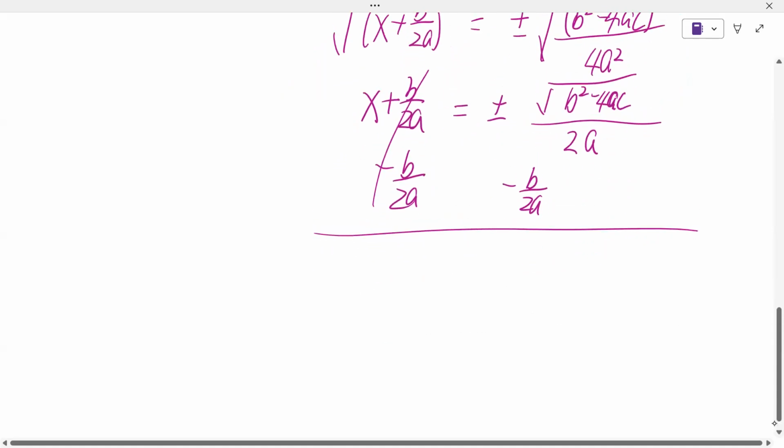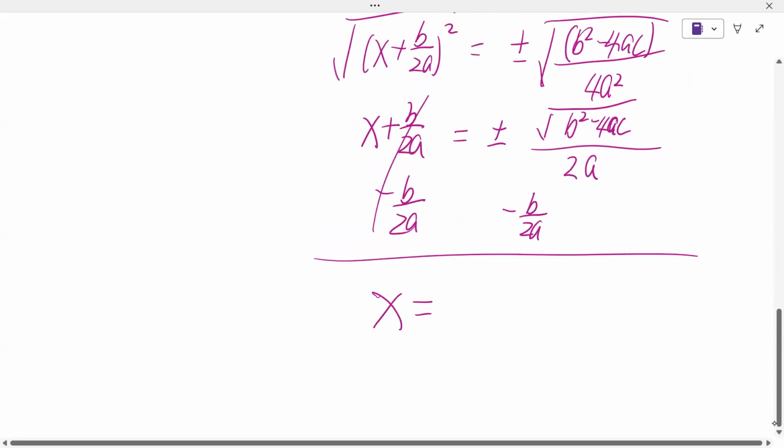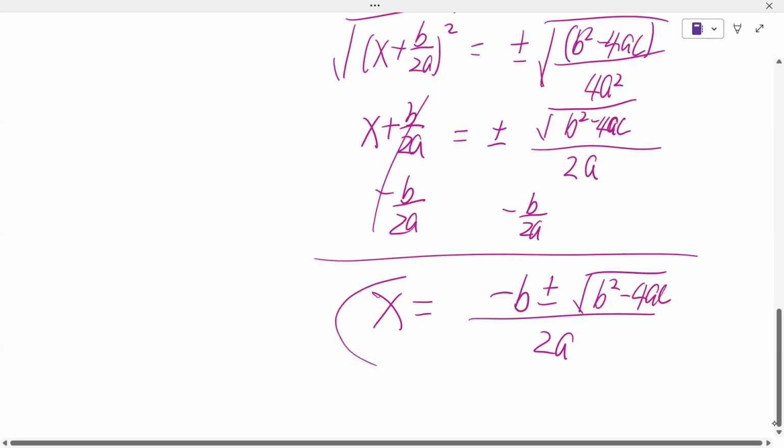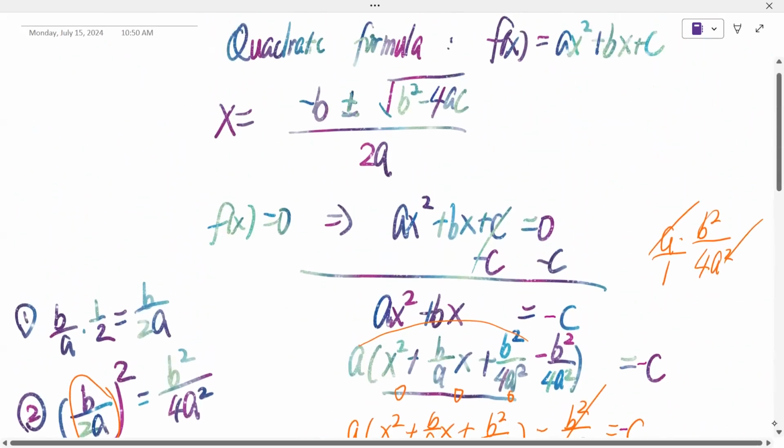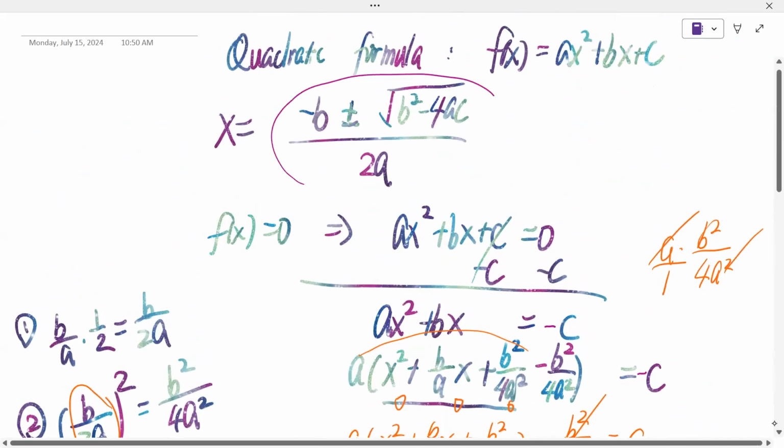If you put it together, same denominator, 2a goes to the bottom. That's x equals minus b plus or minus the radical of b squared minus 4ac, over 2a. And this is exactly where the quadratic formula comes from, by completing the square throughout this process. See, it's that same formula, so you can prove it by completing the square.